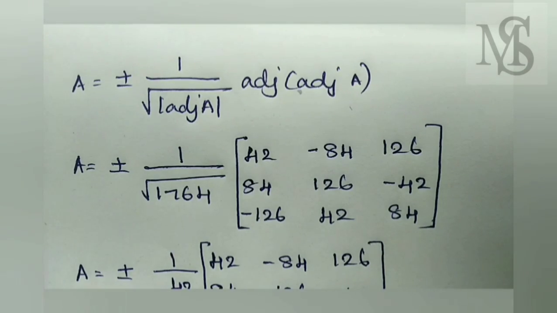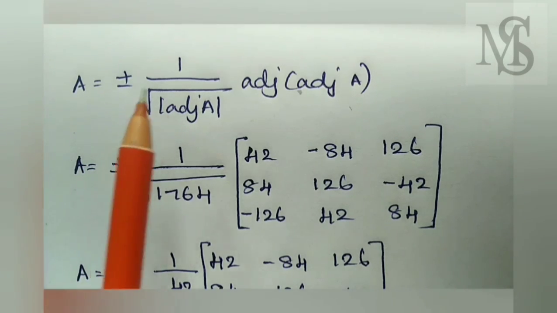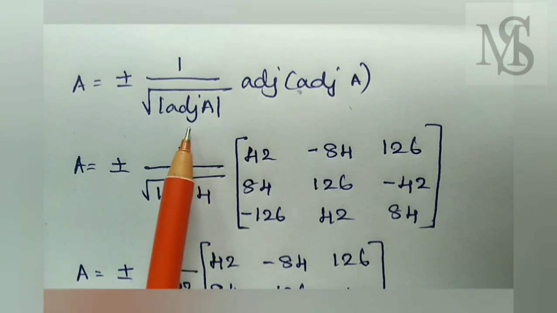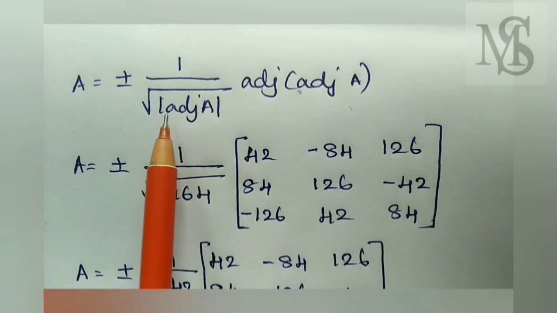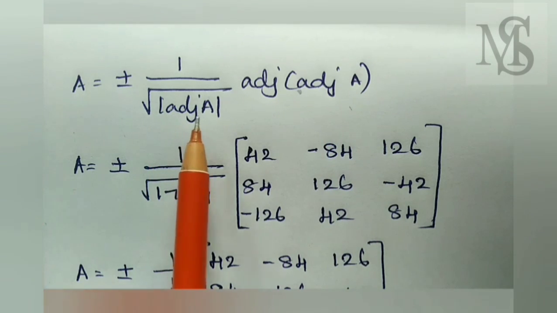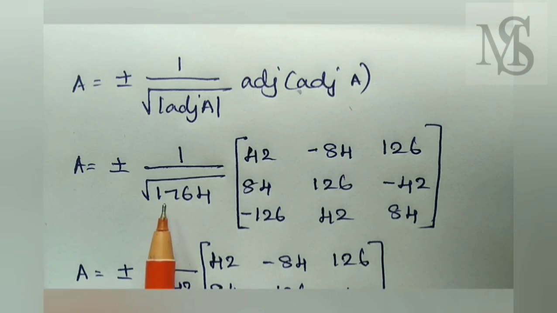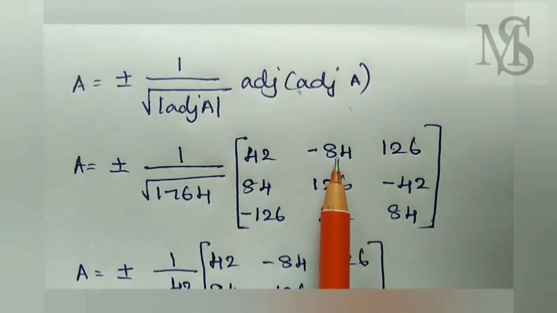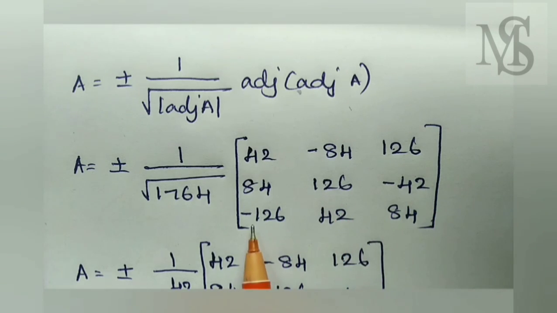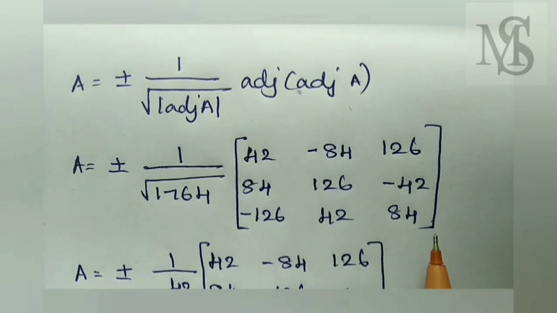Now we know the formula: A is equal to plus or minus 1 by root modulus adjoint A into adjoint of adjoint A. We know the value of root of modulus adjoint A, that is root of 1764, into the matrix 42, 84, minus 84; 126, 84, 126; minus 42, minus 126, 42 and 84.